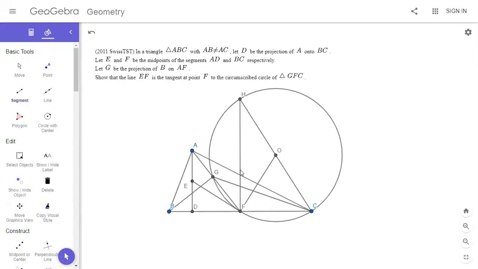So if we take the midpoint of HF, I mean it's like we want to show OIF is similar to EDF. Maybe they're even congruent. I doubt it. Yeah, they're not congruent, but oh wait.